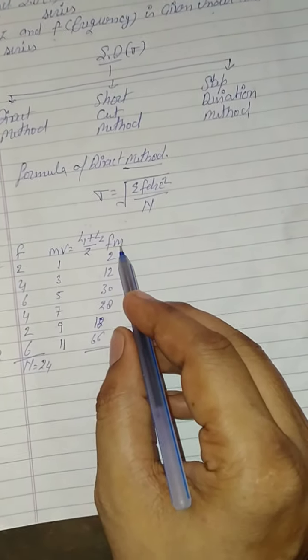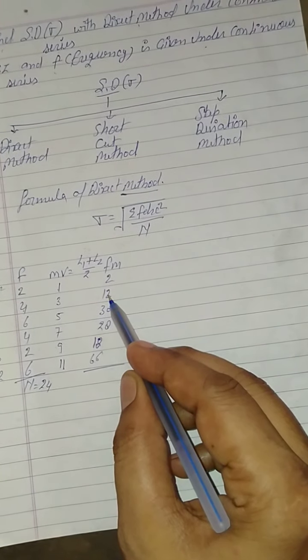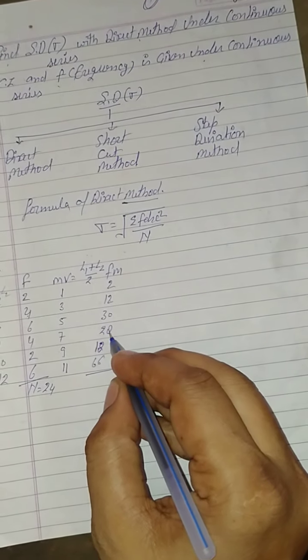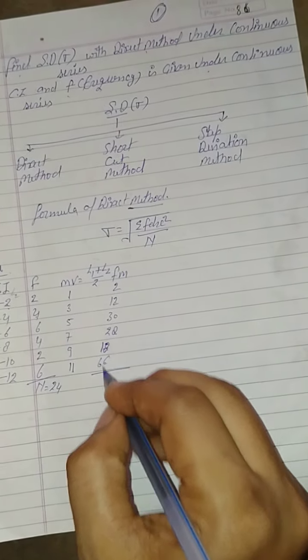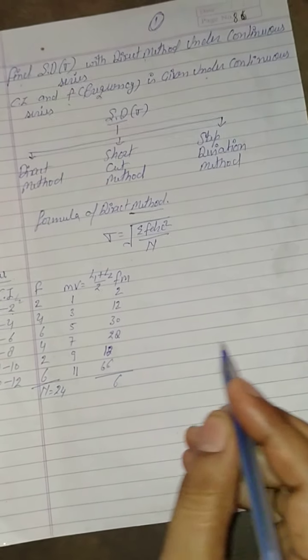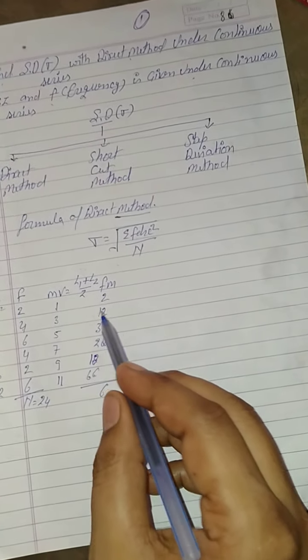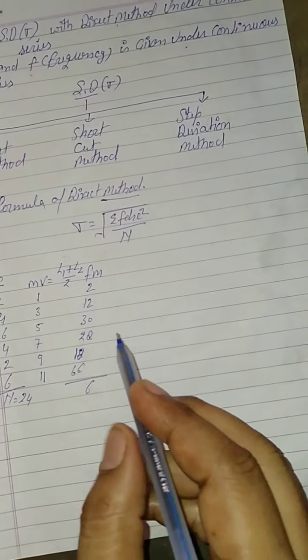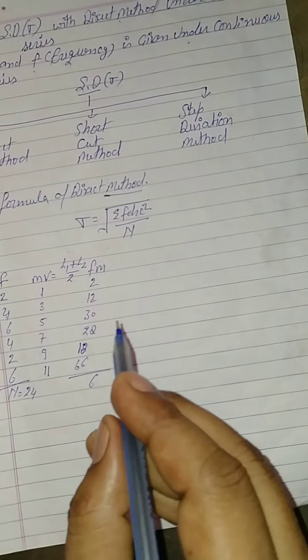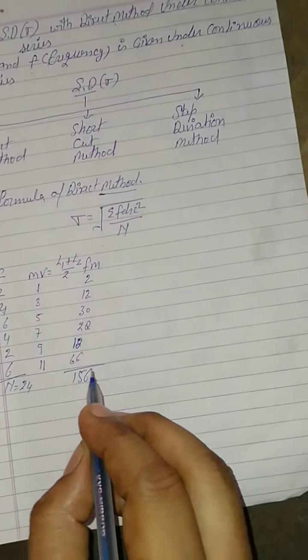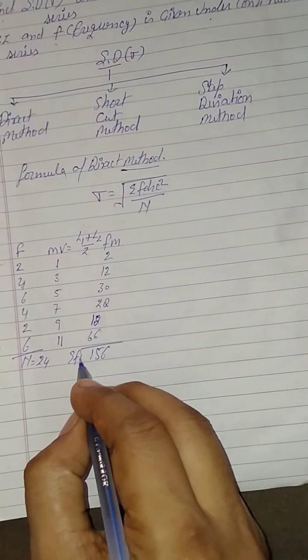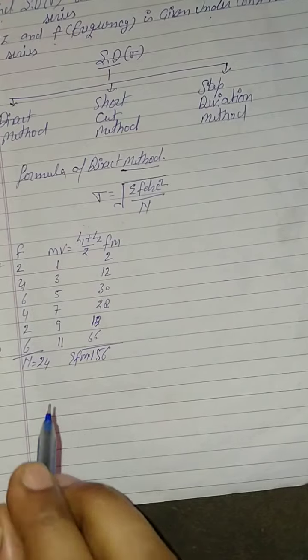That's your summation fm. 2 plus 12 is 14, plus 30 is 44, plus 28 is 72, plus 18 is 90, plus 66 is 156. That's our summation fm, 156. After that we will find out the mean.